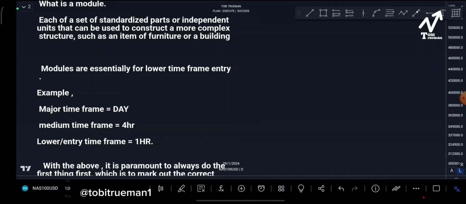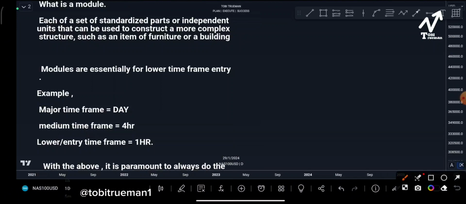Right now, we have to take note of this. When you want to do anything in the market as a day trader, I'm using an example as a day trader, the middle time frame you need to first look at is the daily time frame. After you have looked at the daily time frame, you mark out your structure.